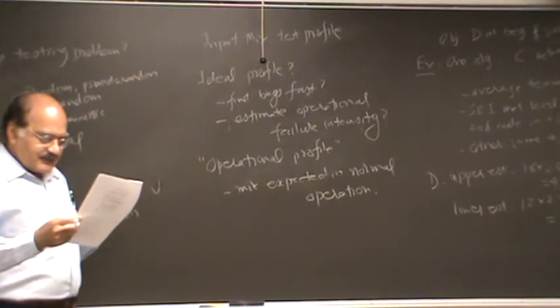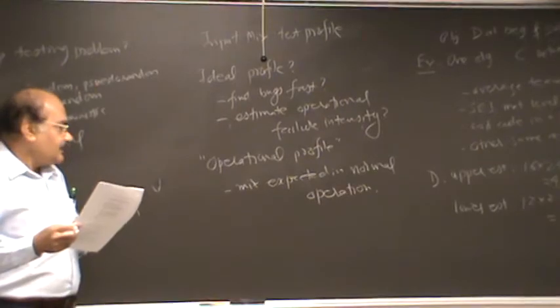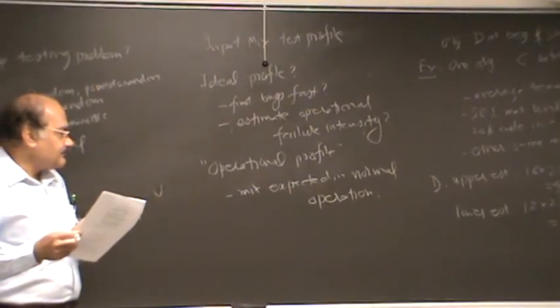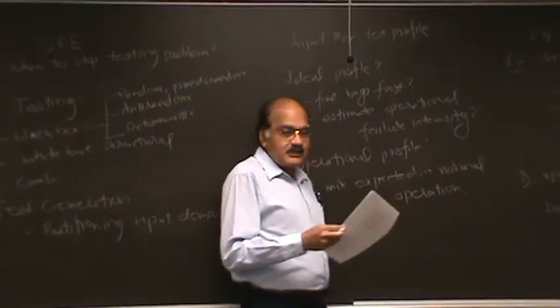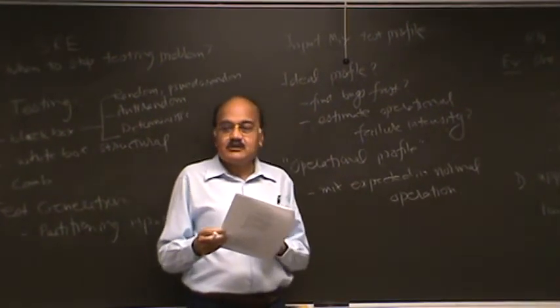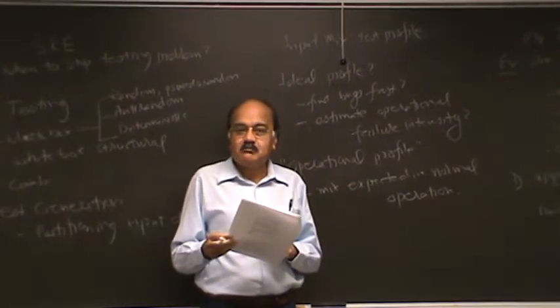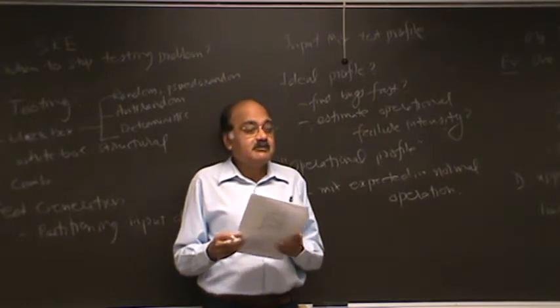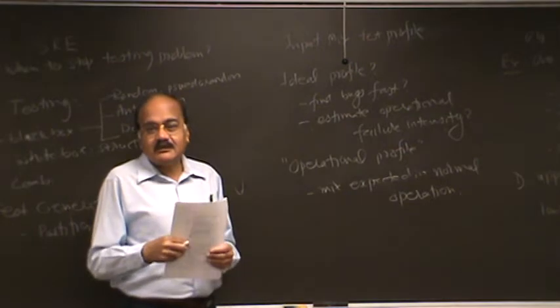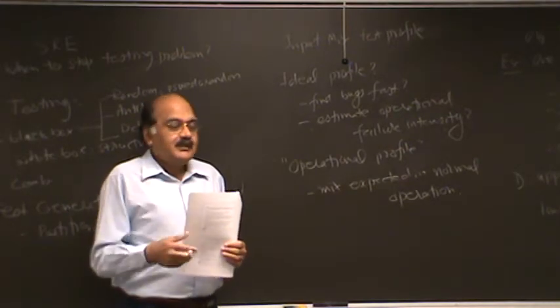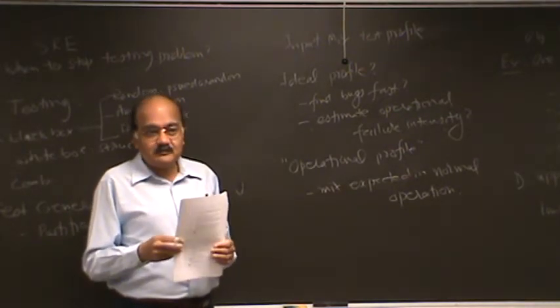This is again slightly controversial, and we wrote a paper. So the conventional wisdom was that you should use operational profile, and operational profile would help you find bugs faster. Then it sort of makes sense. Okay, this is how people are going to be using it. So you should better find those bugs that people are likely to encounter.